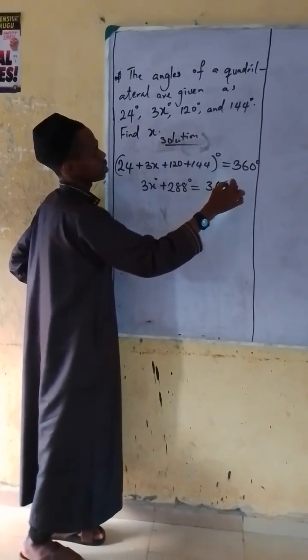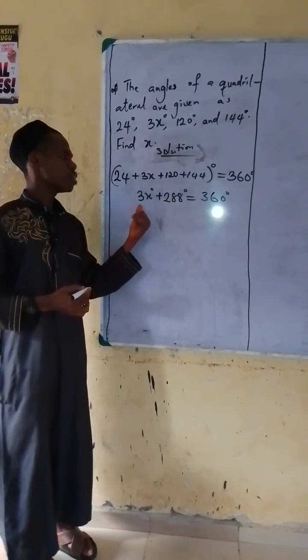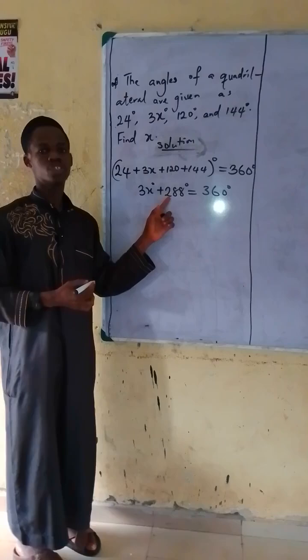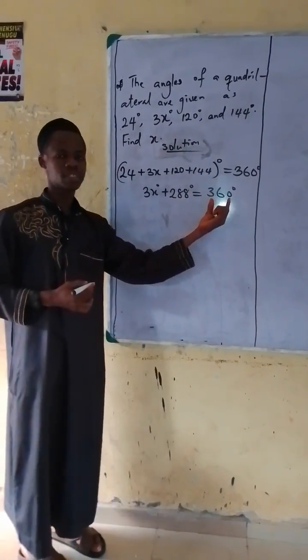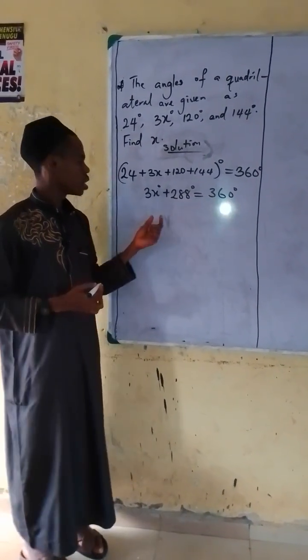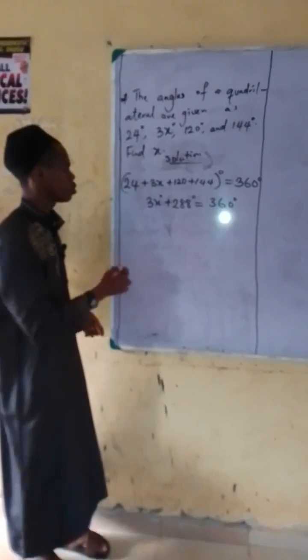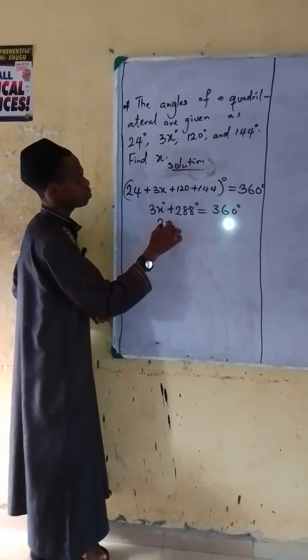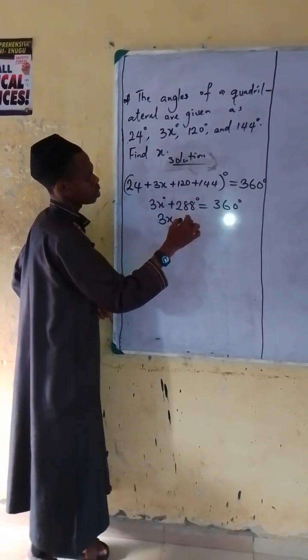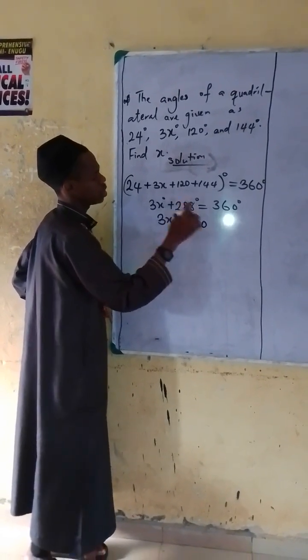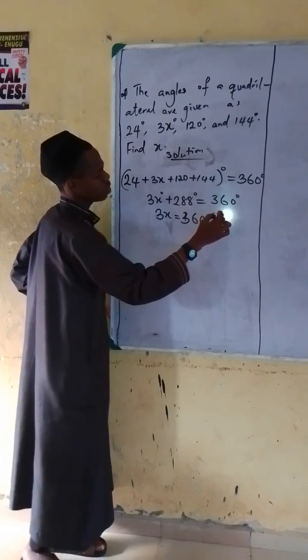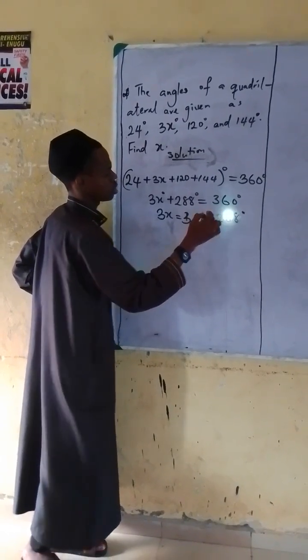360 on the other side. Since 3x has a variable, but 288 is just a number like 360 on the other side, I will take 288 to the other side of the equation, which means I will have 3x equals 360. This 288 going there will turn to minus 288.